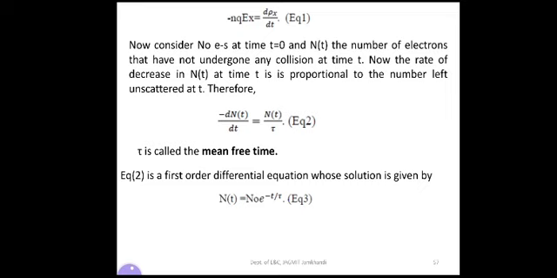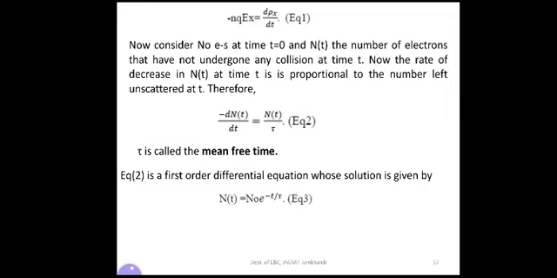So the equation is given as minus n q epsilon x is equal to dpx by dt. The net acceleration is just balanced in steady state by decelerations of the collision process.